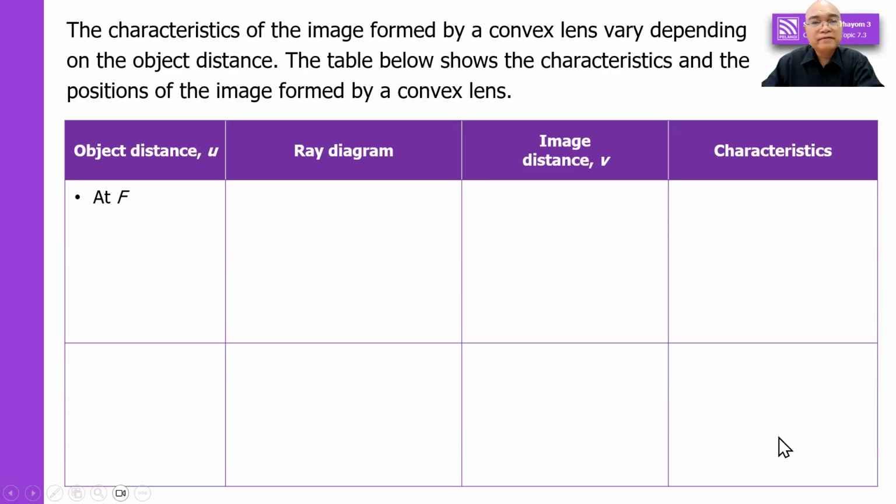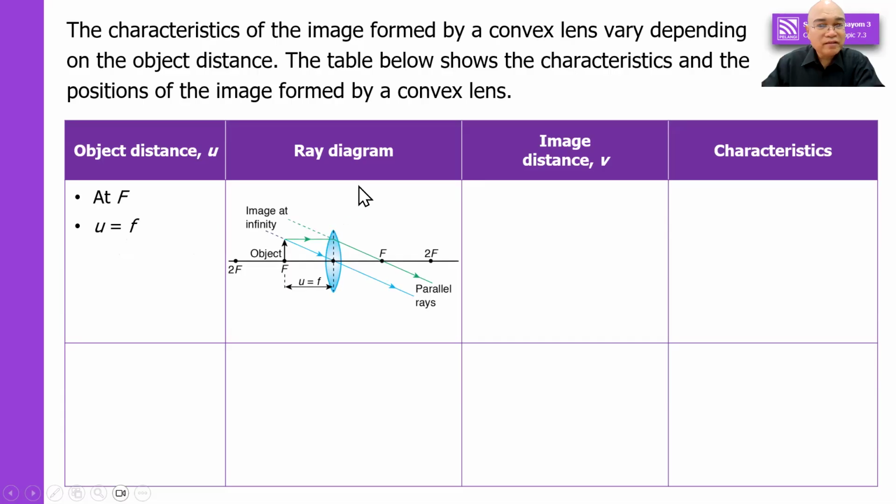All right. What about at F? So the object distance equals F and the ray diagram should be like this. Okay, object distance, image at where? Infinity. Okay, try to understand, the rays go through parallel, I should say, parallel rays.